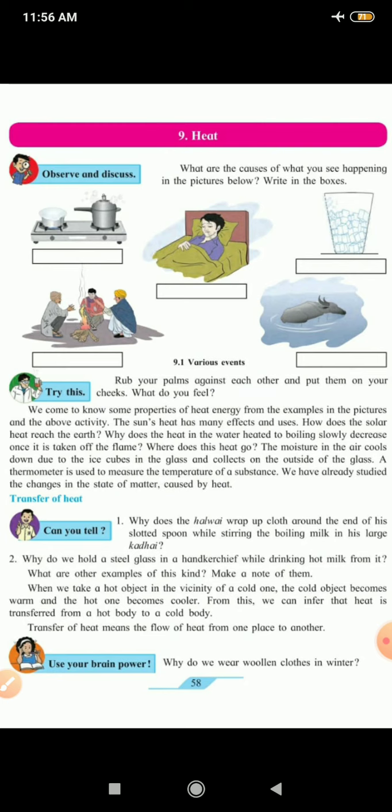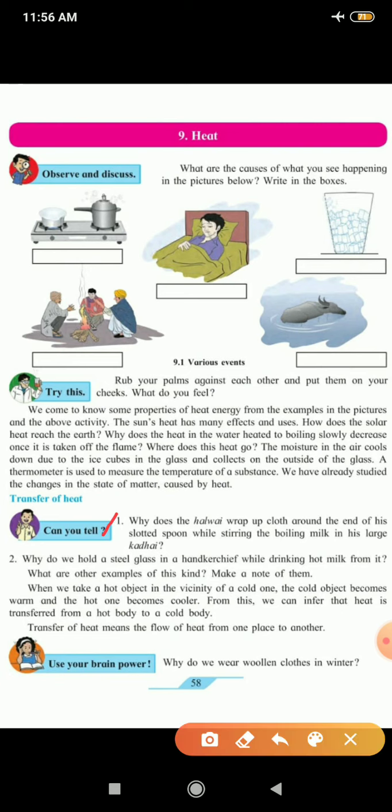First question in Can You Tell? Why does the halwai wrap a cloth around the end of his slotted spoon while stirring the boiling milk in his large kadai? Now, we know that metals are good conductors of heat. So, heat is transferred from the milk to the big slotted spoon and it becomes hot.